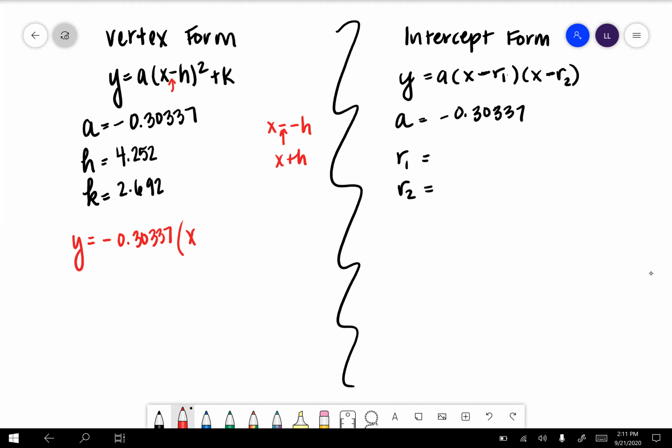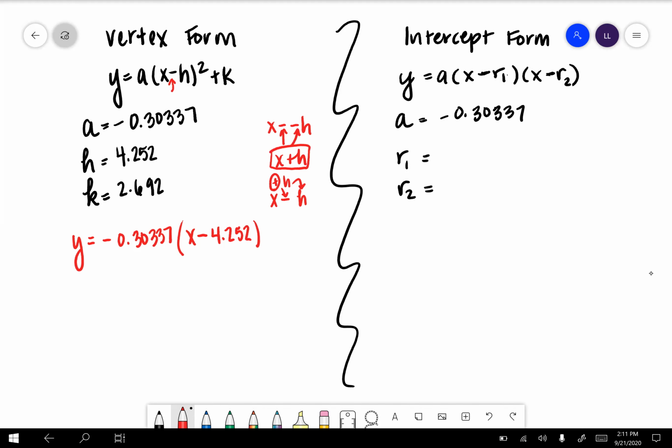Because my h is positive, it leaves this as a minus, and I can just substitute it here. So x minus 4.252. Just remember to change it to x plus h if your h is negative.